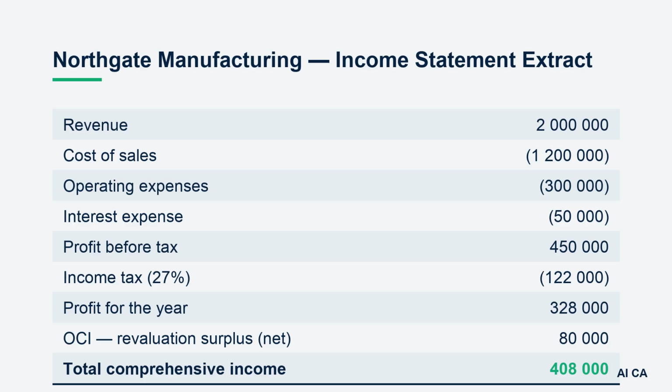Tax at 27% is approximately 122,000, leaving profit for the year of 328,000. There is also an OCI item, a revaluation surplus on property of 80,000 net of tax. Total comprehensive income is therefore 408,000.